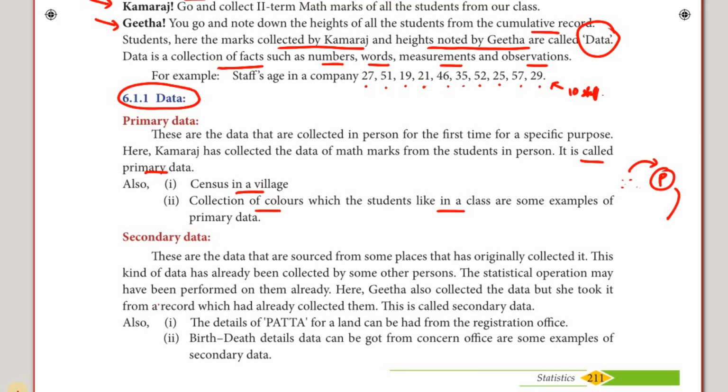Now if we take this information from this primary data, then we will have effectively secondary data. This kind of data has already been collected by some other persons, and the statistical operation may have been performed on them already.